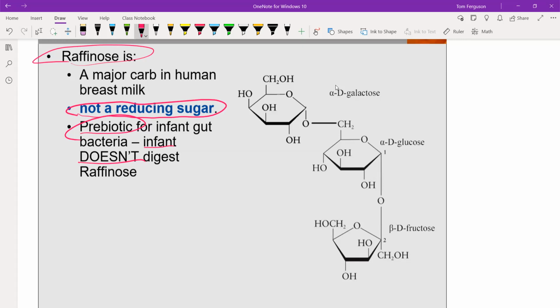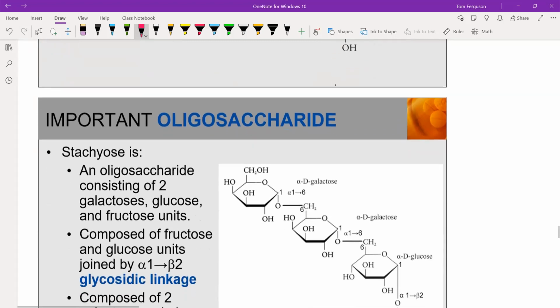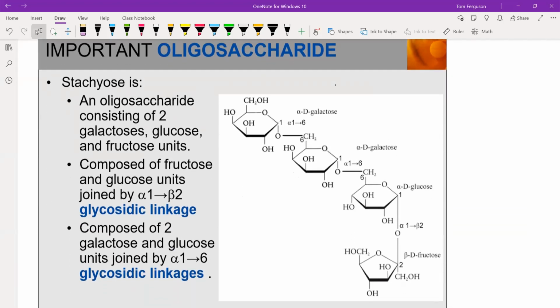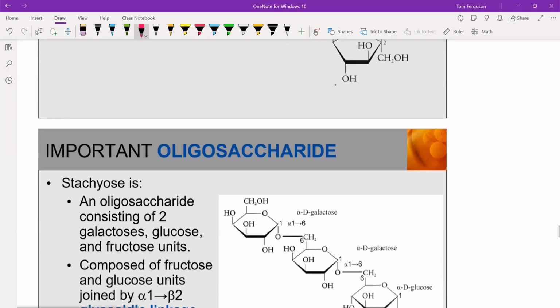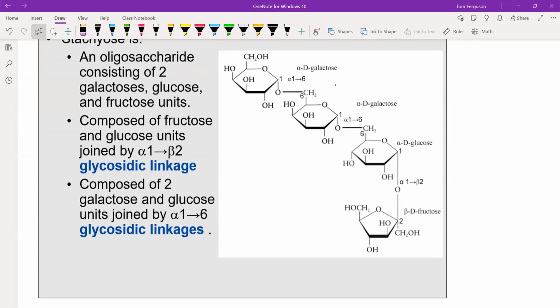Okay, so that's the first major oligosaccharide. The second one, we're just going to add another galactose on, then it's called stachyose. Stachyose is just another alpha 1,6 galactose stacked on to the top galactose here, in the same linkage, an alpha 1,6 linkage, stacked on top of the sucrose.